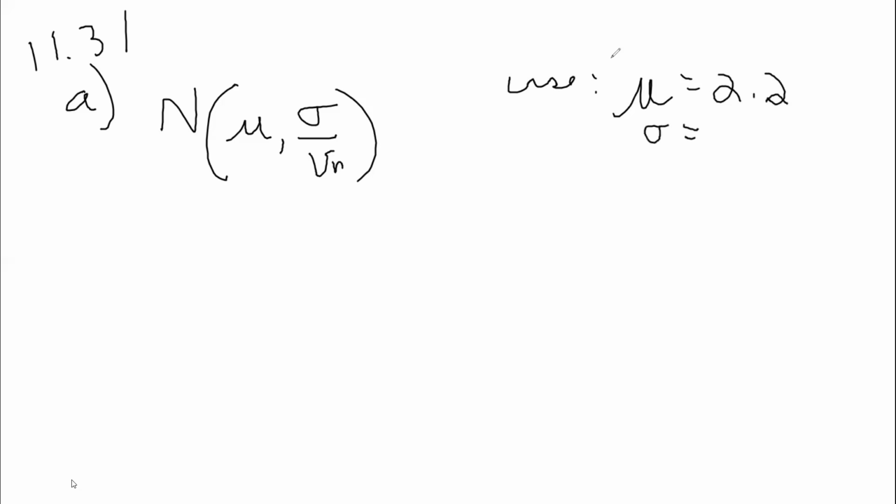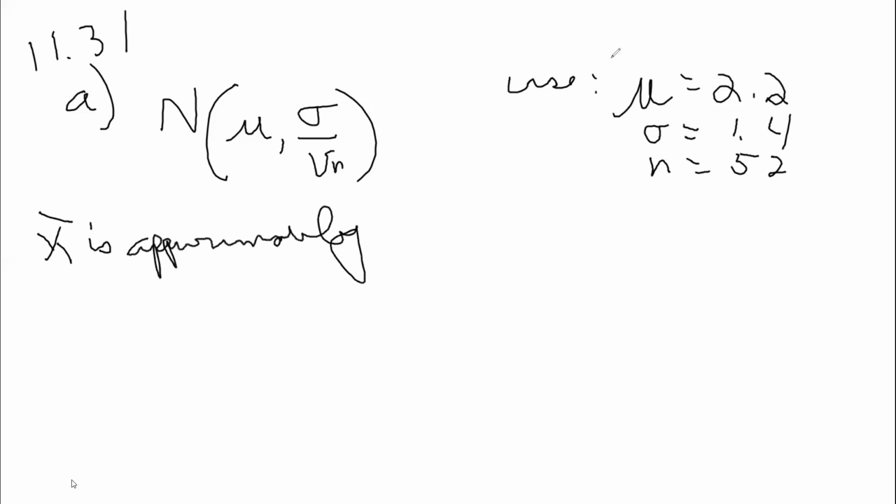Standard deviation in this problem is 1.4. And we have 52 weeks. X bar is approximately N, 2.2 is your mu, and comma, 1.4 is your standard deviation, divided by the square root of 52.